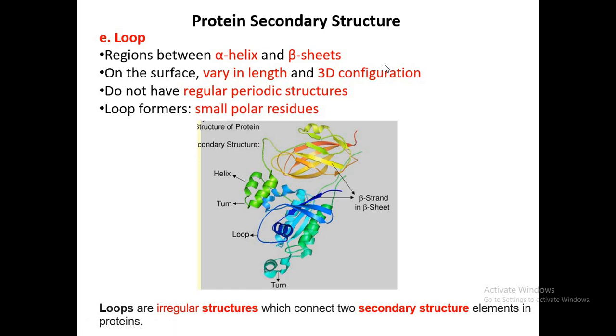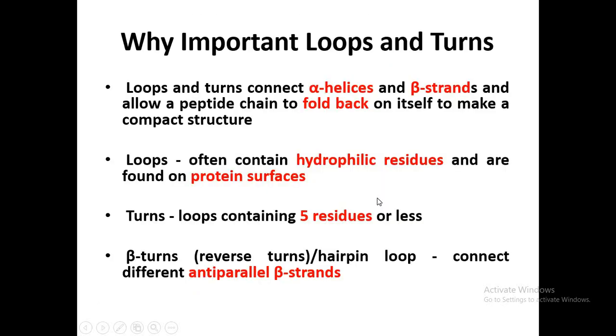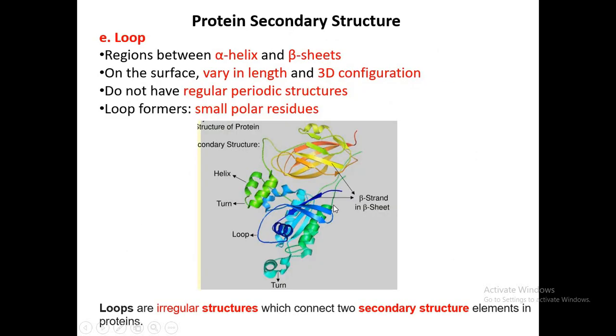And a loop varies in length and its 3D configuration, and it is not regular. The amino acids of loops are mostly polar in nature.